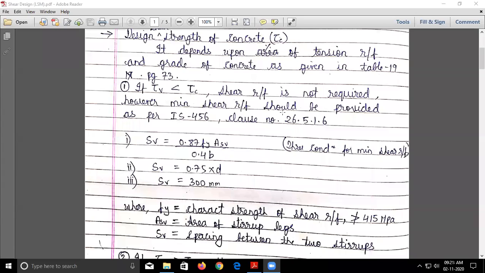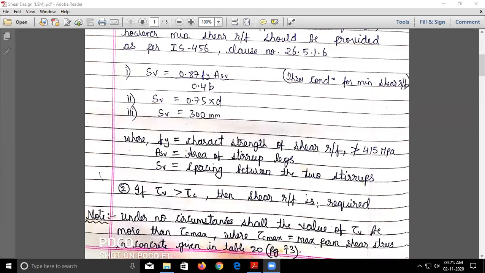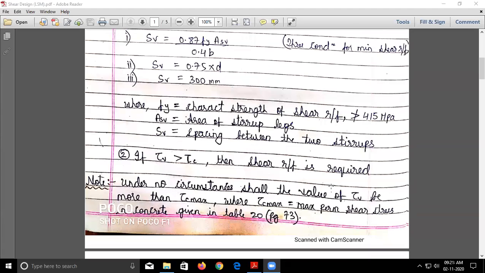If tau v is less than tau c, then shear reinforcement is not required, but minimum shear reinforcement we have to provide. Now the second condition is if tau v is greater than tau c, then shear reinforcement is required. This we already know. One more thing we had discussed, that under no circumstances shall the value of tau v be more than tau c max, where tau c max is the maximum permissible shear stress, given on page 73, Table 20.